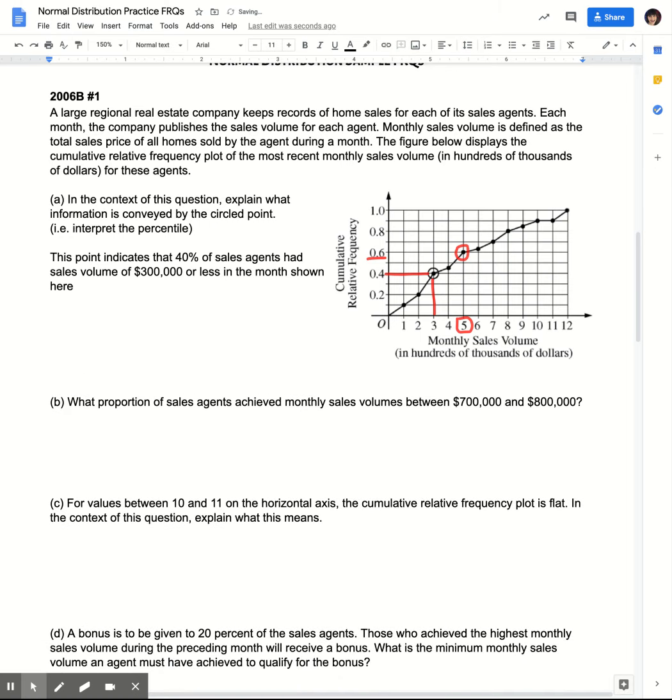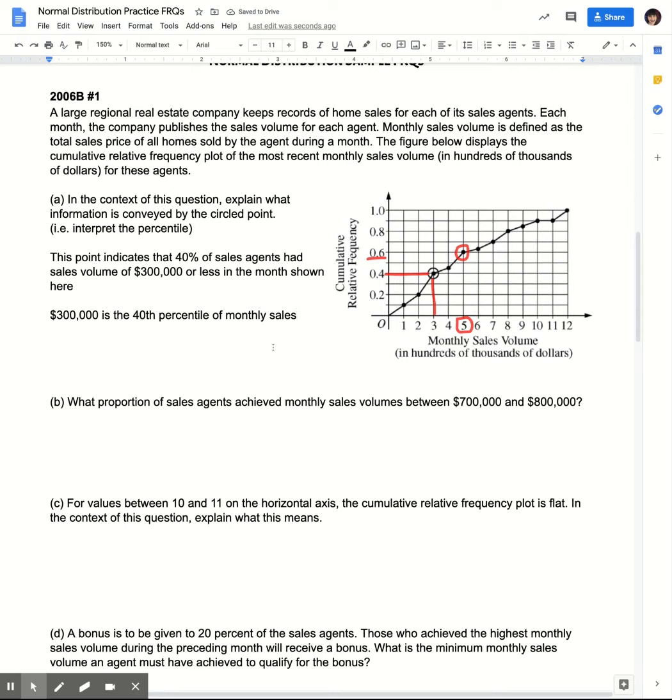Another way you could have said that is that $300,000 is the 40th percentile of monthly sales.